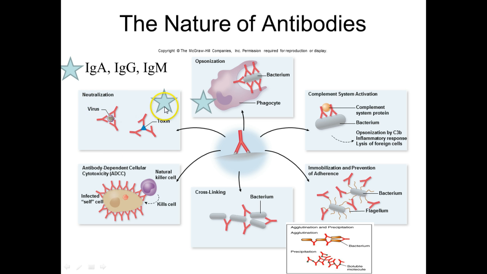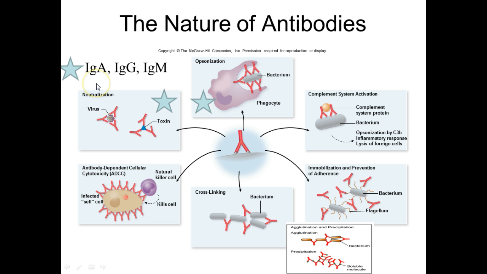Okay, so I already gave you the answer. Can they neutralize? Can they bind to viruses and stop them from attaching to us? Can they stop toxins from working? Yes, right? All three of these can do that. What about immobilizing them, wrapping up their flagella, or stopping them from adhering to us, like these bacteria here?